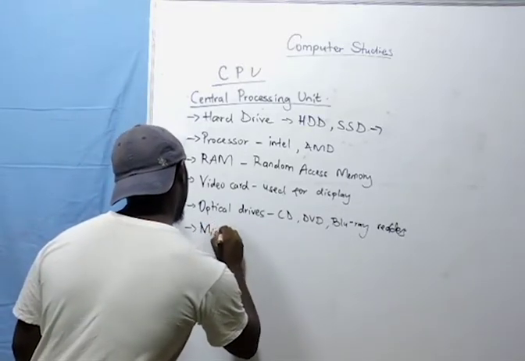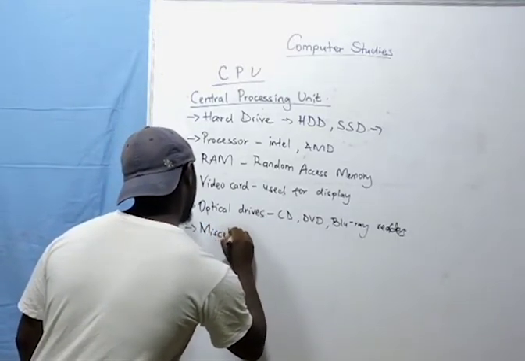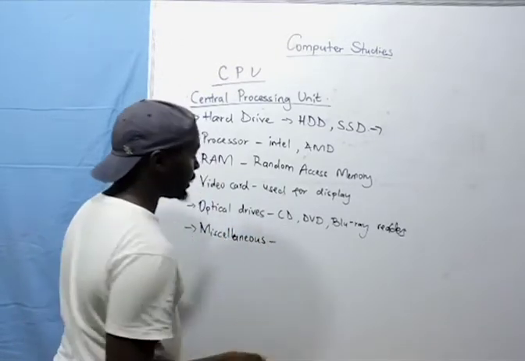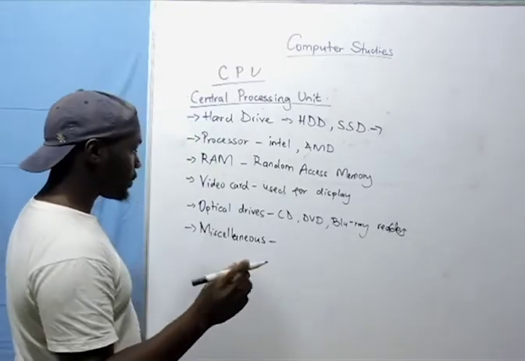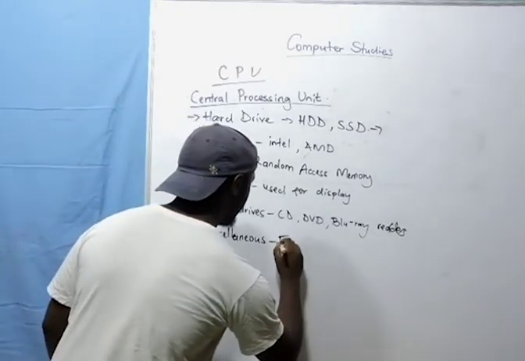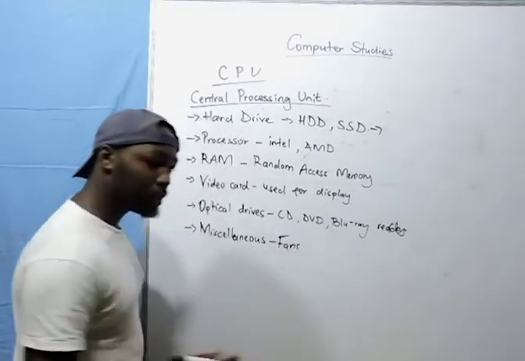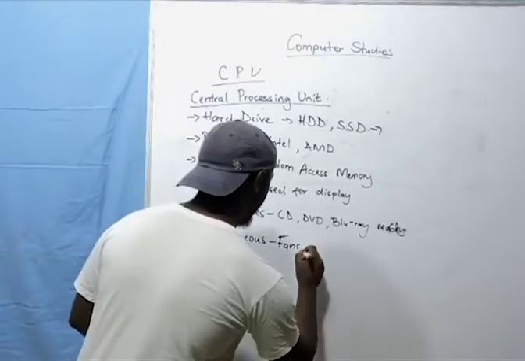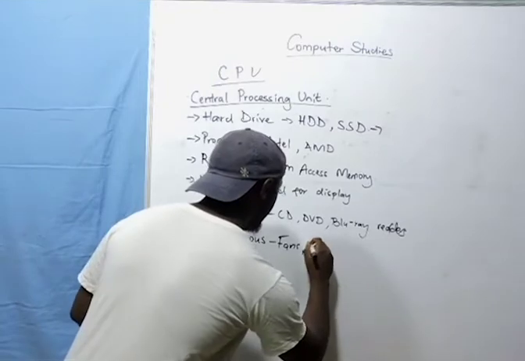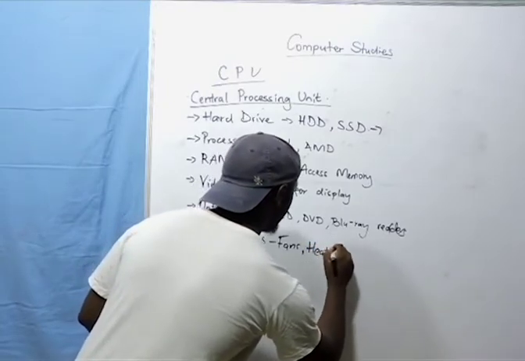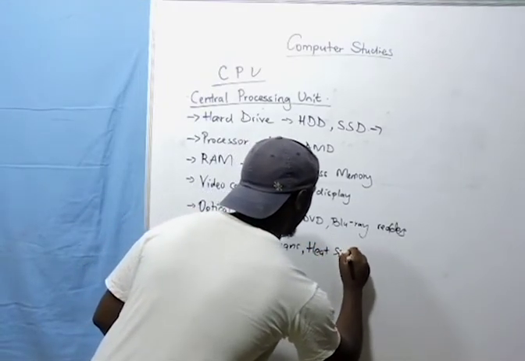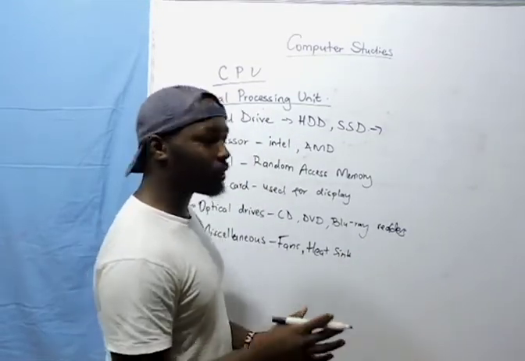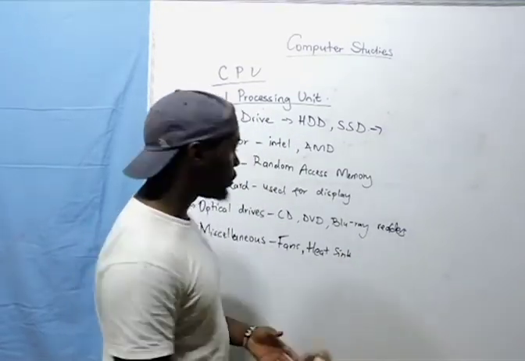In the miscellaneous, you have your fans, the fan which is used to cool the processor because it gets really hot. You have your heat sink. Same job, gets rid of heat from the computer because you're trying to keep the equipment cool.